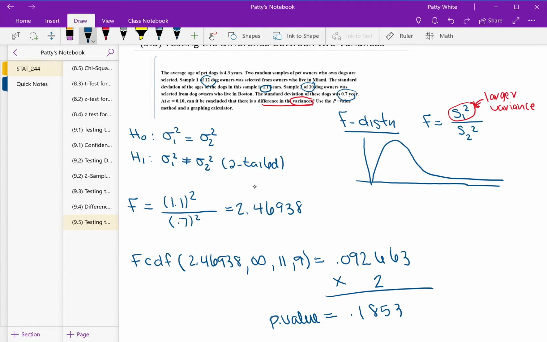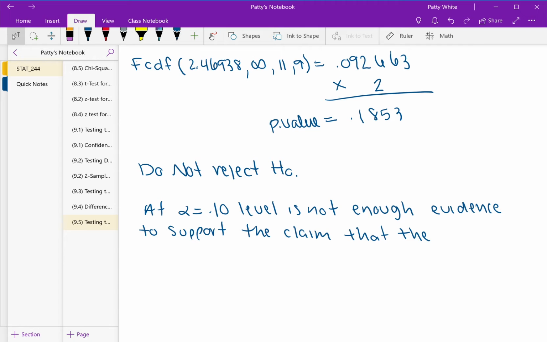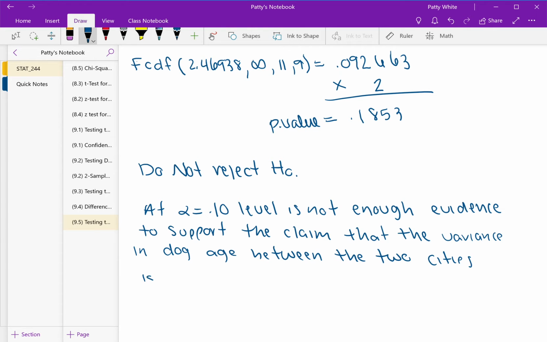What we were comparing was the variance in age between dog owners in the two cities. So there's not enough evidence to support the claim that the variance in dog age between the two cities is different.